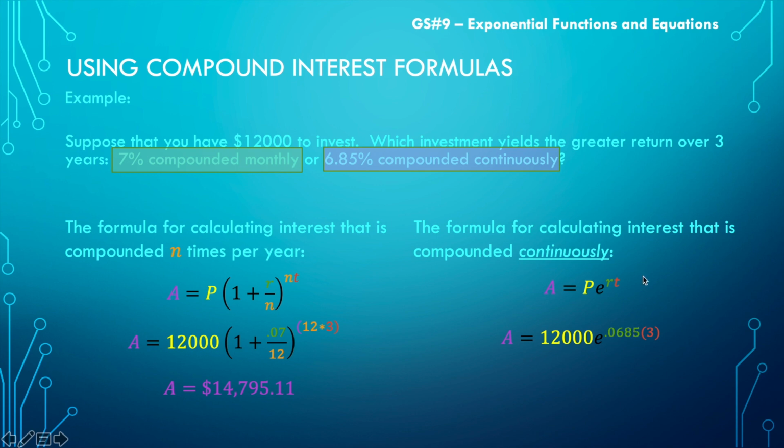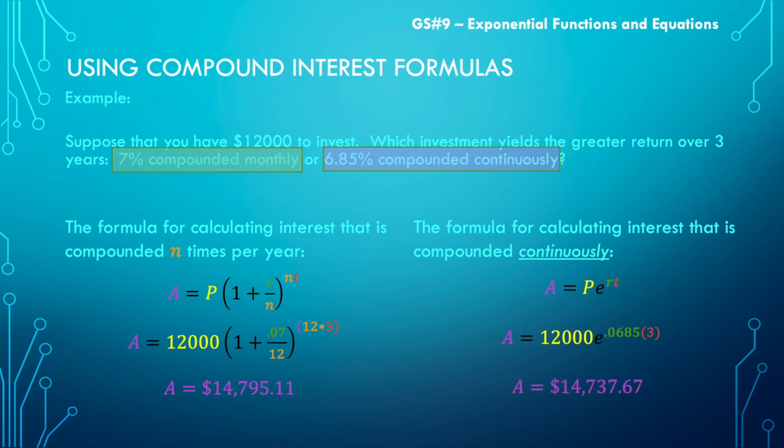Our interest rate here is different because it's a different bank account, right? It's 0.0685, because we've taken 6.85 per 100, 0.0685. And then we have kept that in the bank for 3 years.